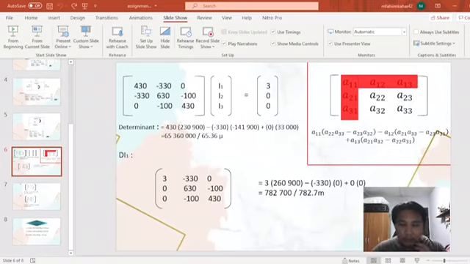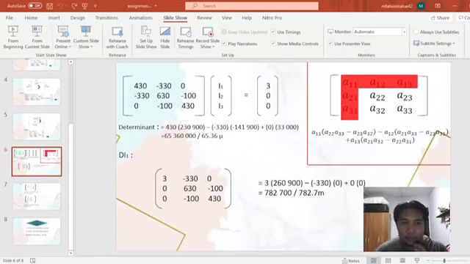This matrix we call the minor matrix. To define the minor of A11, we cross multiply: A22 times A33 minus A23 multiplied by A32. This step is repeated for A12 and A13.